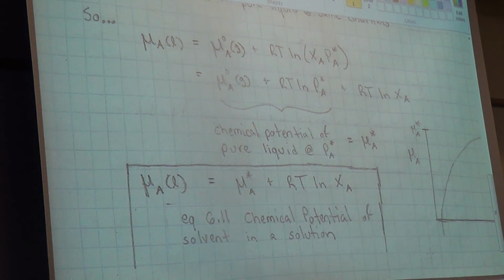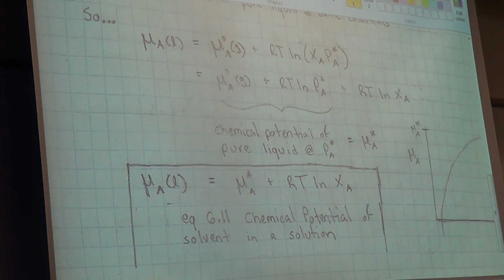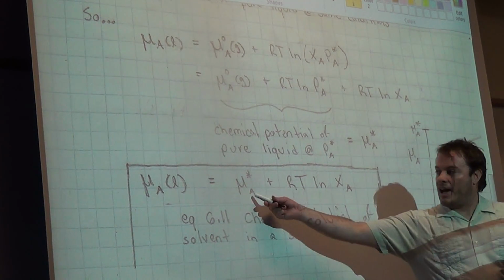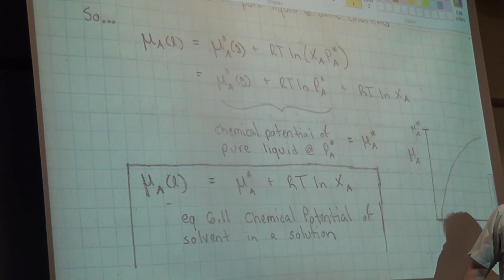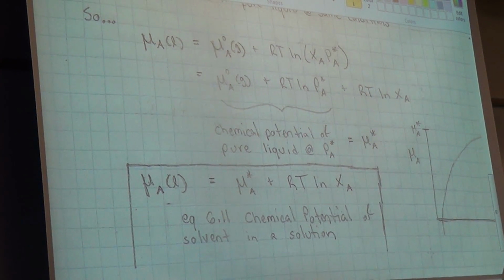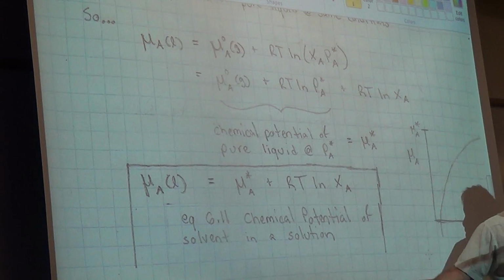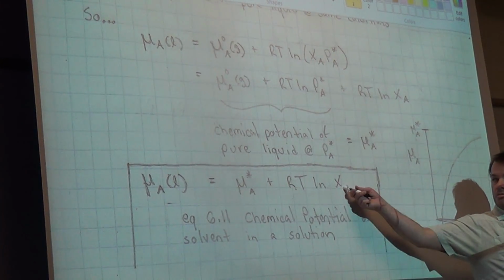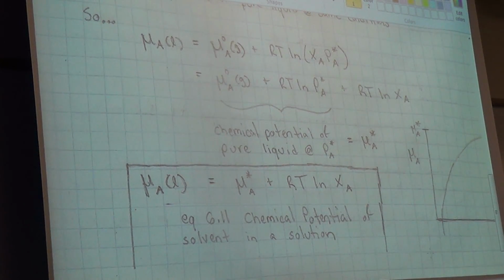Delta G is G final minus G initial, and the G initial is going to be that mu naught term, and the G final is going to be this term that is a function of the mole fraction.